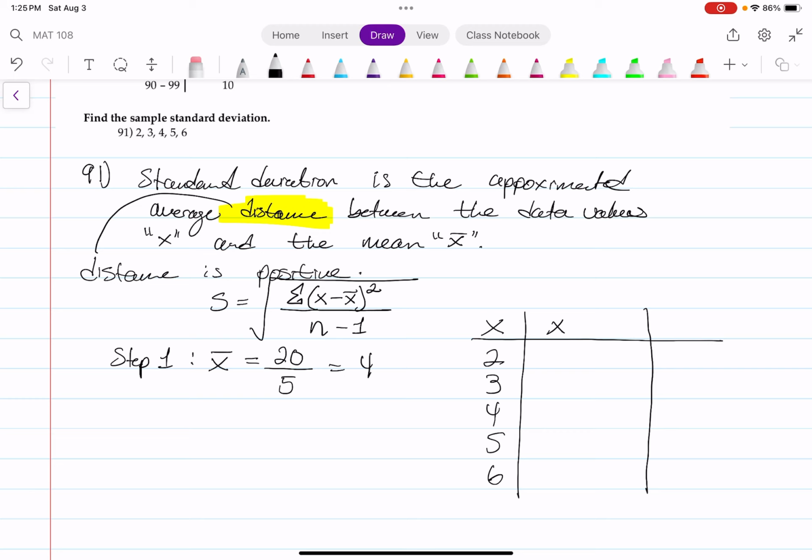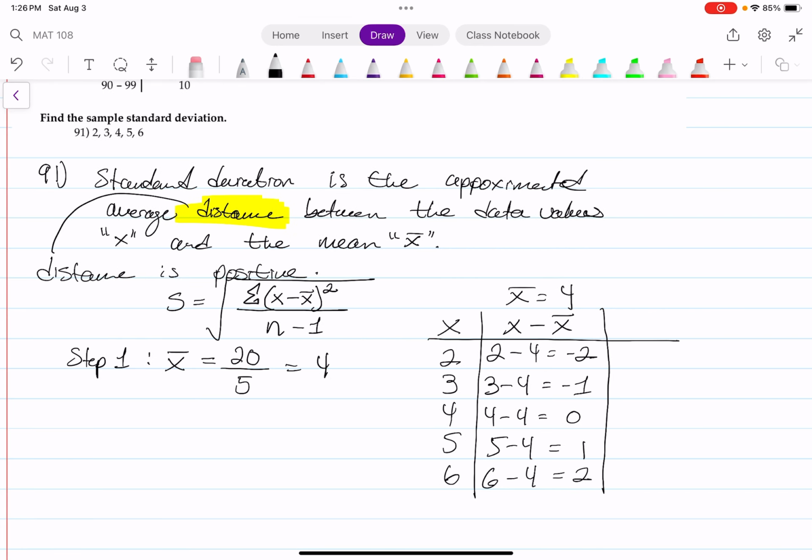The second column is going to be x minus x bar, and we know that x bar is 4. So that's going to be the data values minus 4. So 2 minus 4 is negative 2. 3 minus 4 is negative 1. 4 minus 4 is 0. 5 minus 4 is 1. 6 minus 4 is 2.